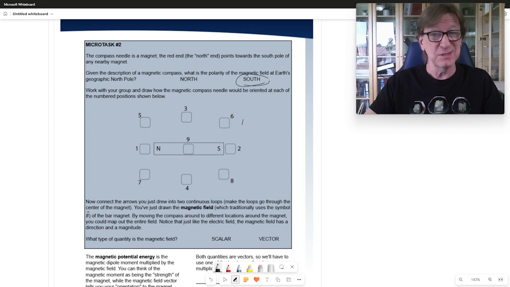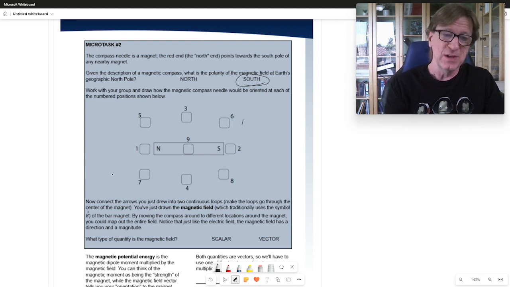Hopefully you paused the video, because this can get a little confusing sometimes. All right, so remember that we said that the needle in the compass is going to point towards the South Pole. Well, that means it's going to be repelled from the north, and so it's going to look something like that. And obviously down on this side, it's going to be pointing towards it. Should make sense.